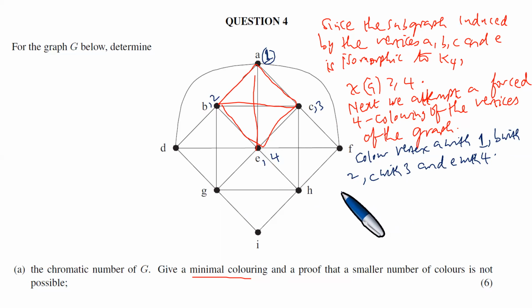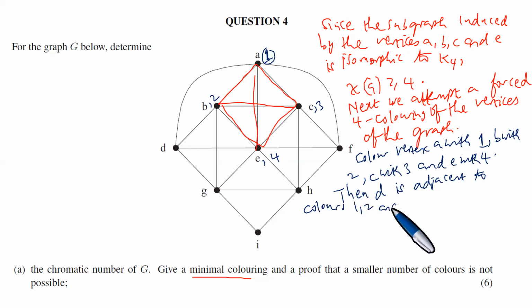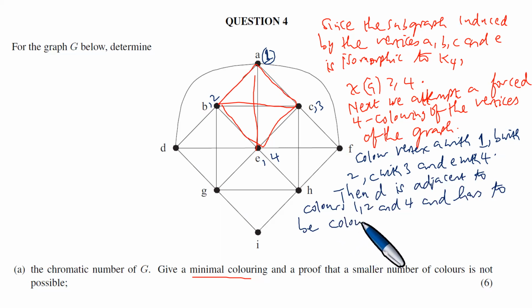Then D is adjacent to colors 1, 2, and 4, and has to be colored 3. Let's look at vertex D, for instance.